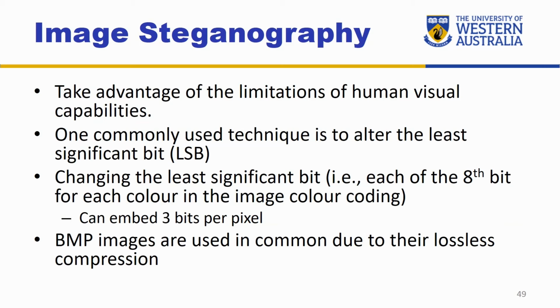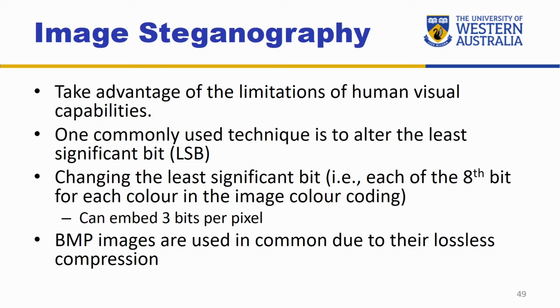By changing the least significant bit, the eighth bit of each pixel, we can encode some bit values. And since the eighth bit does not vary the color significantly, the image that we generate will still look very similar to the original image that we had.